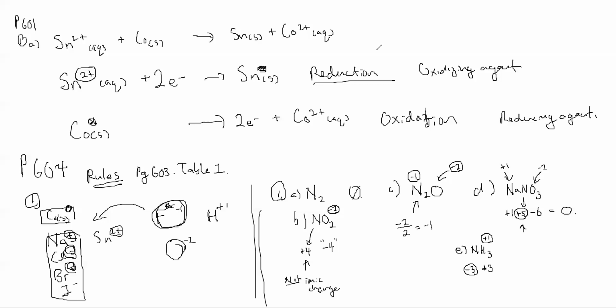Okay, number 1 of page 606. I'm going to clear this in 3, 2, 1. Page 606, number 1A. Copper, solid, and 2 silver ions, it's the exact same one as we did before, becomes 2 silver atoms and 1 copper ion.